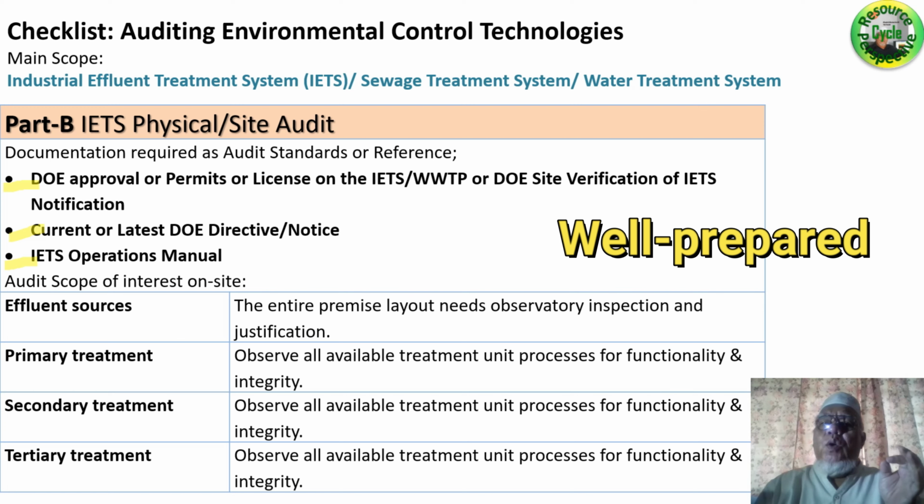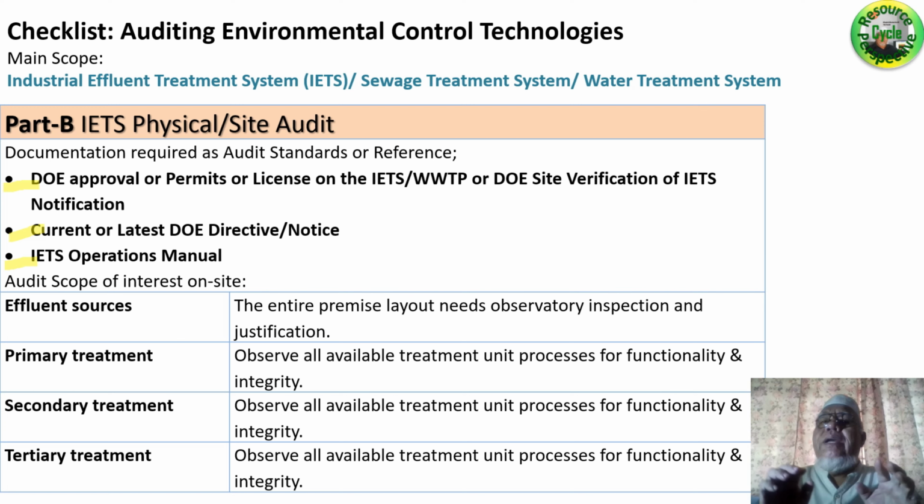Therefore, when on site, auditors shall have a walk around as usual, the site review, technical, while inspecting, observing, and justifying all that was documented to what is built up in reality. Compare.